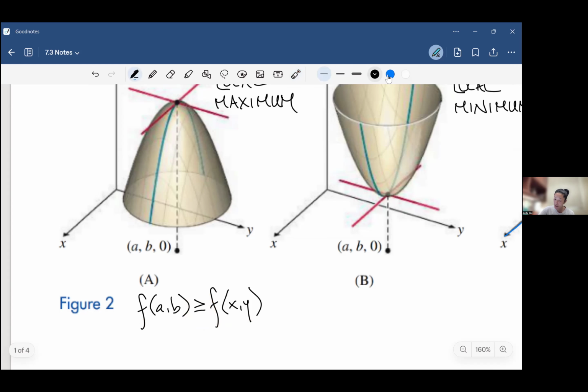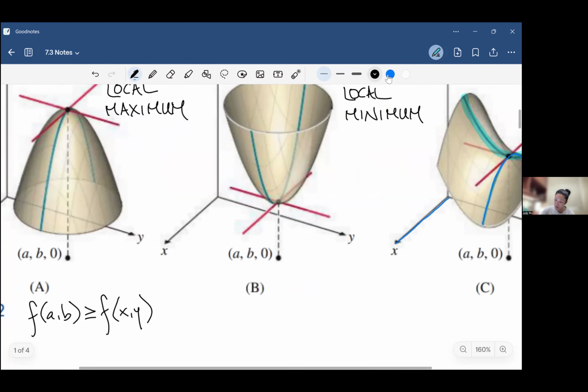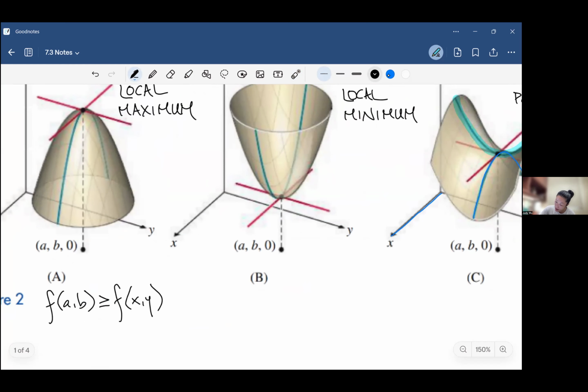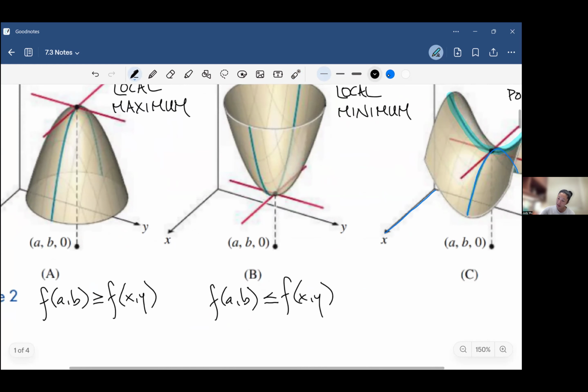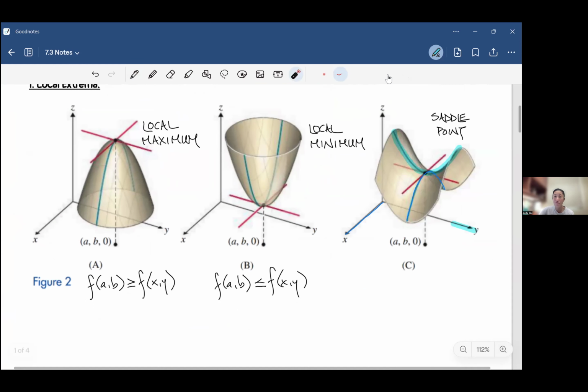Now, if we use that same notation for the local minimum, we might see something like this. f of a, b is less than or equal to everything around it, f of x, y. And for the saddle point, we can't really say either one of those because it's not a max or a min. It is the maximum in one direction and the minimum in another direction.